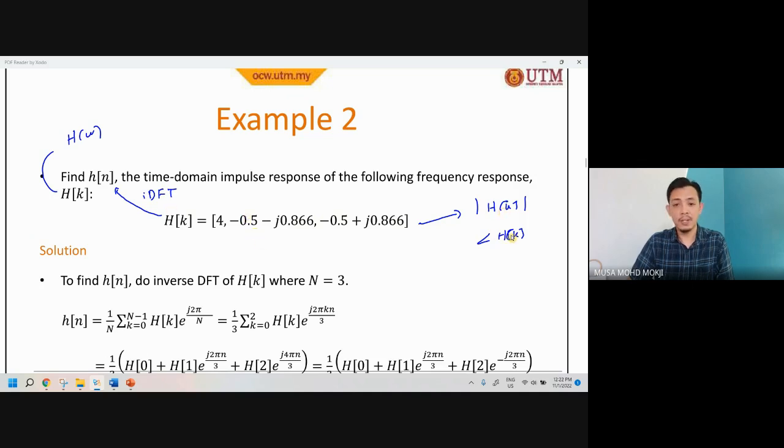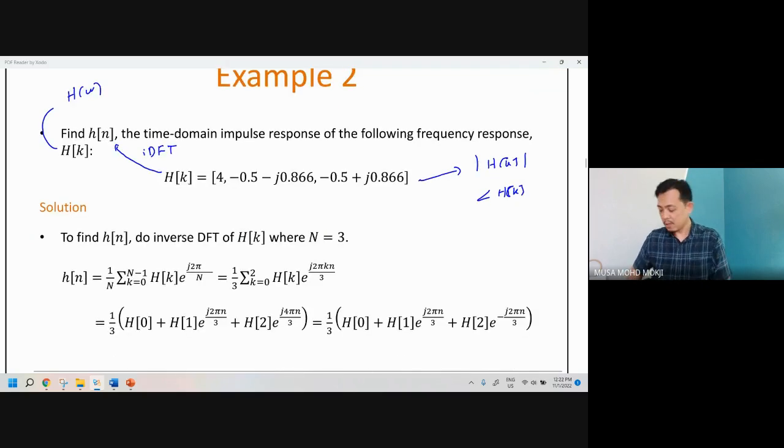It cannot be from magnitude and phase. Okay, all right. So hopefully that's clear, because in frequency domain, we have the original frequency response, and for analysis, we have magnitude and phase. So do all the calculation based on frequency response. Magnitude and phase is only for analysis.